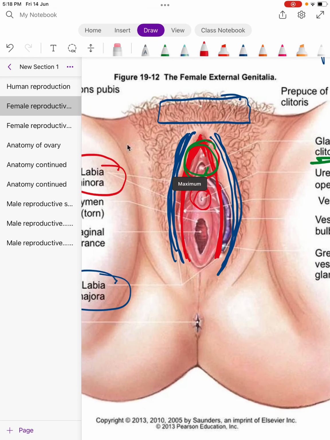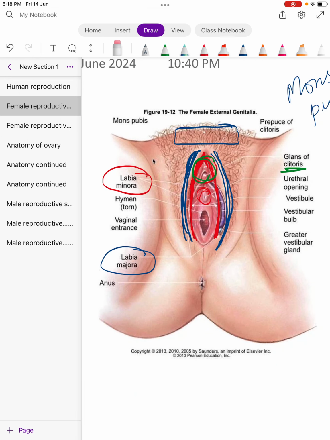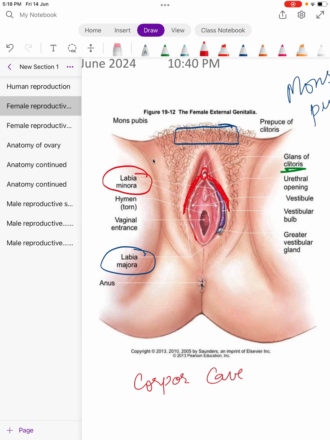We can draw here. First of all, I rub all the things. Here is the clitoris, and here will be the two columns extended downward, which are equivalent to the corpora cavernosa.